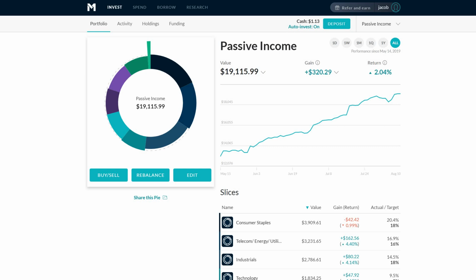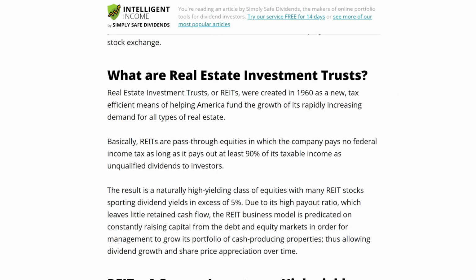But to start off, I really just want to take a textbook description of what real estate investment trusts are. Back in the 60s is when this concept started, where the government decided to help out growing companies, and they changed some of the tax laws for some of these businesses that were centered around more of your brick and mortar type businesses that have actual physical structures.